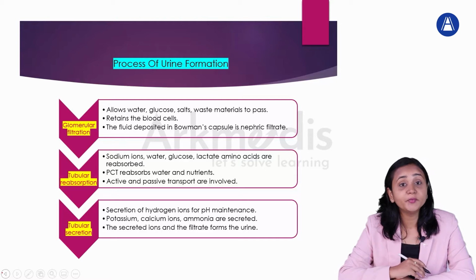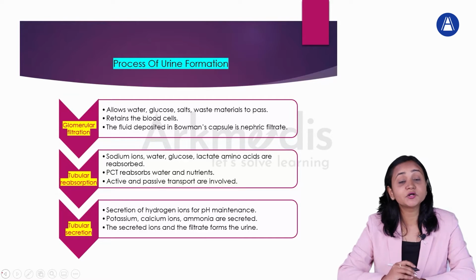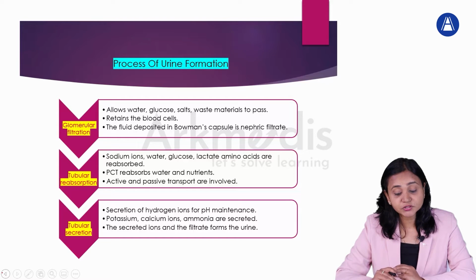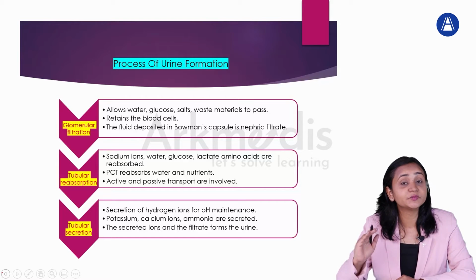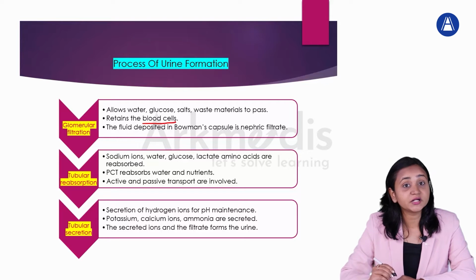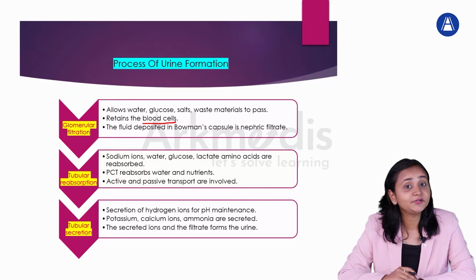Now, the glomerular filtration. This process allows the filtering of water, glucose, salts and the waste materials. But the blood cells are not allowed to pass. The blood cells like the RBCs, WBCs are important for our body, so these must not be excreted out and hence are retained inside the body.